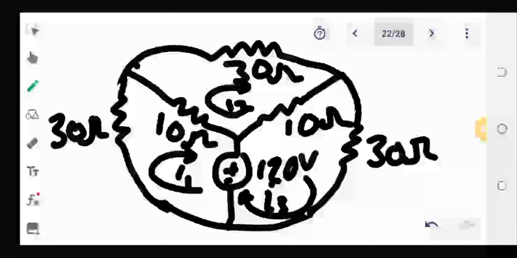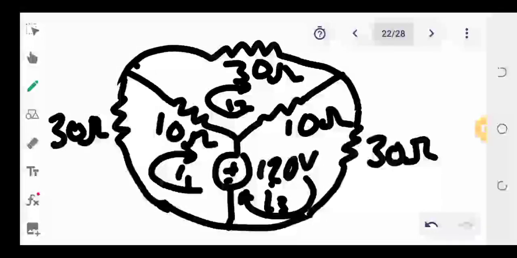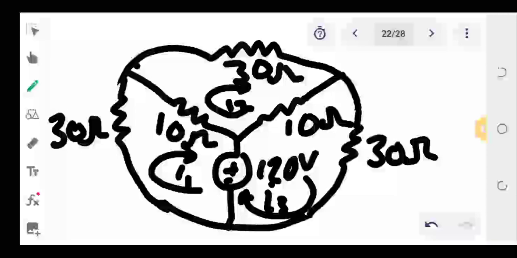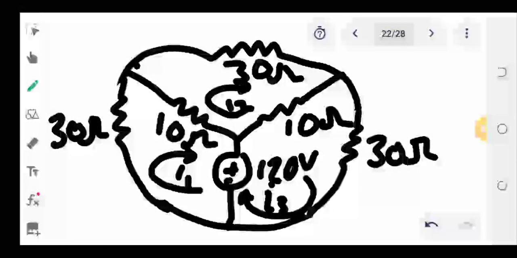Hope you are great. In this live video, I'm going to share notes with you on mesh analysis. As you can see from our diagram, we have assigned the currents I1, I2, and I3.